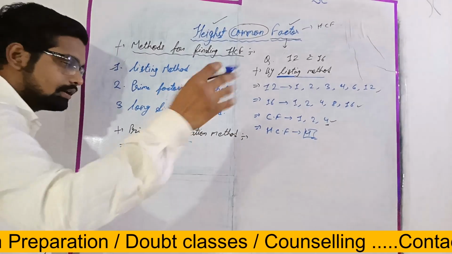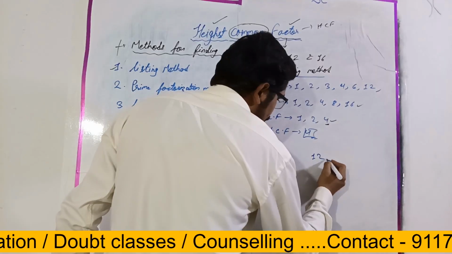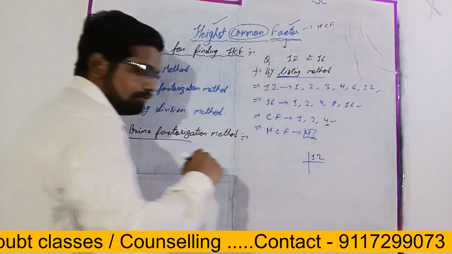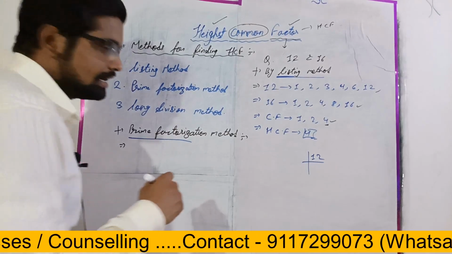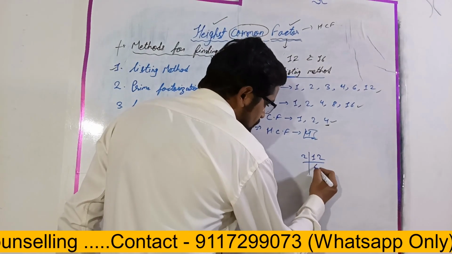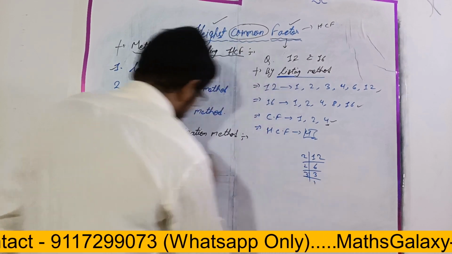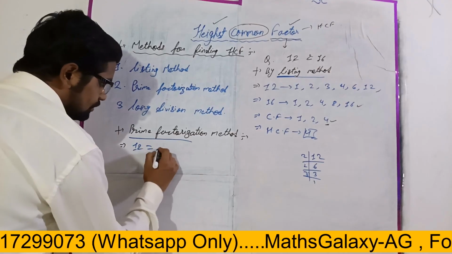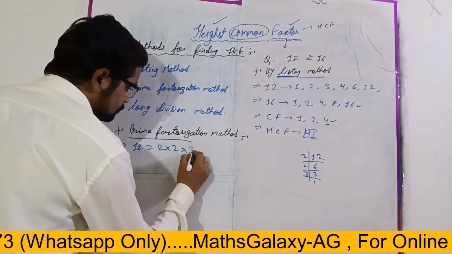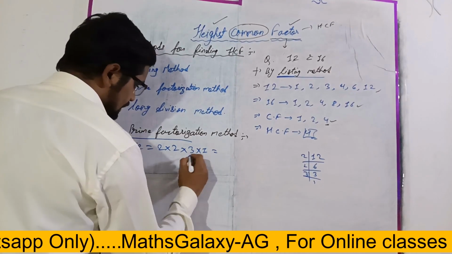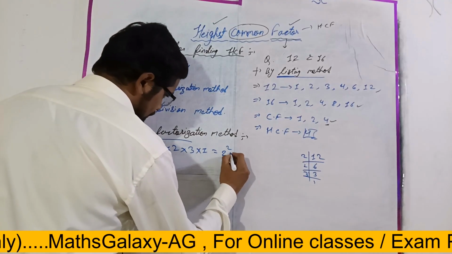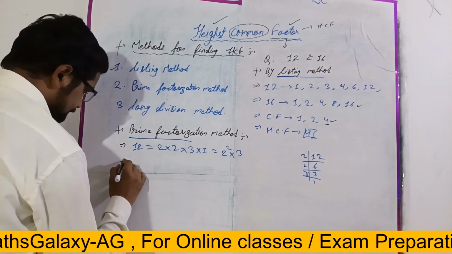In the rough work, just prime factorize 12. 2 sixes are 12, 2 threes are 6, 3 ones are 3. So 12 equals 2 into 2 into 3 into 1. This can be written as 2 to the power 2 into 3.